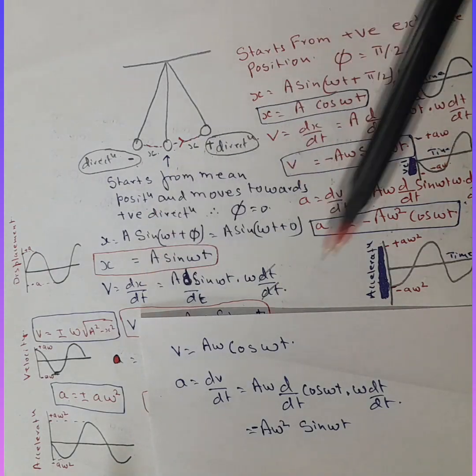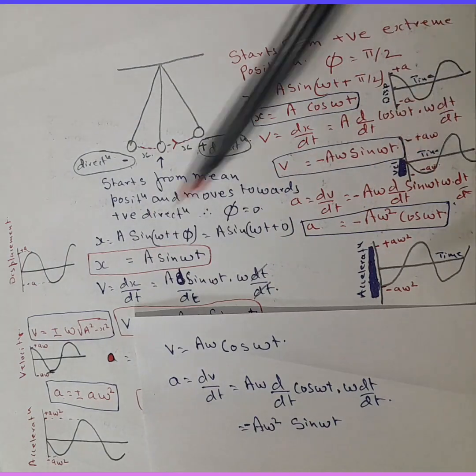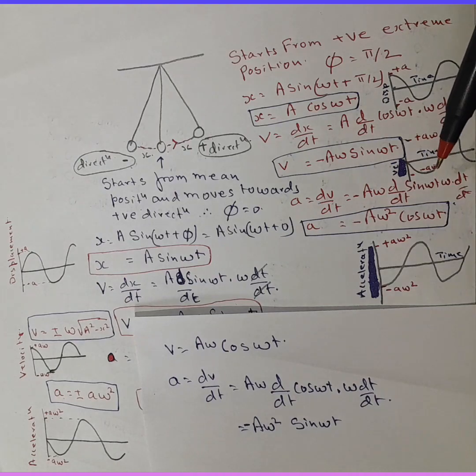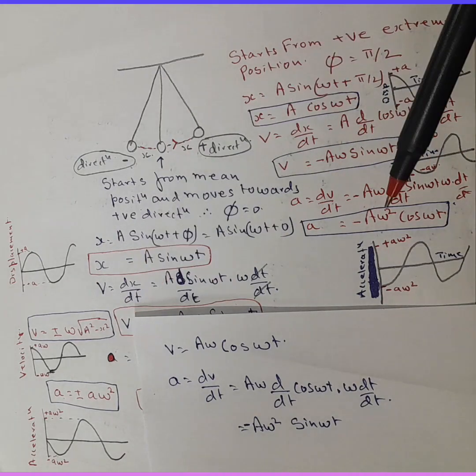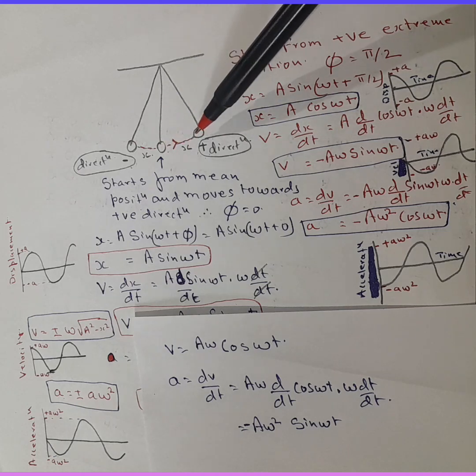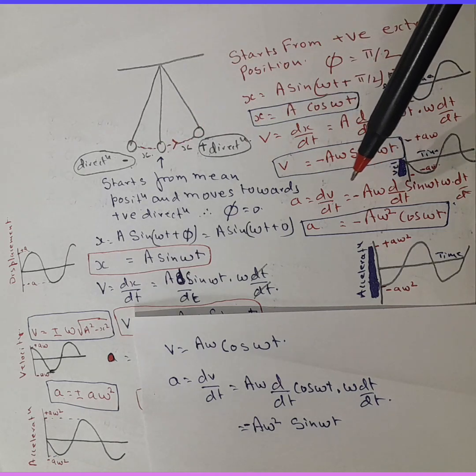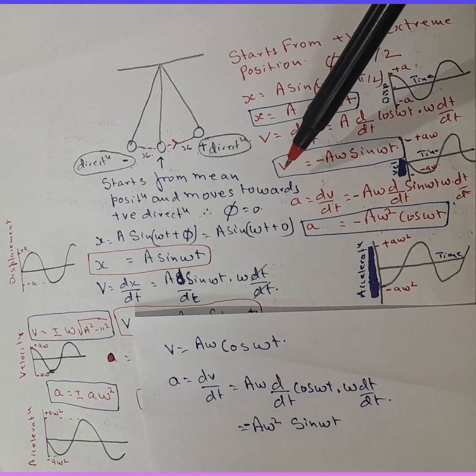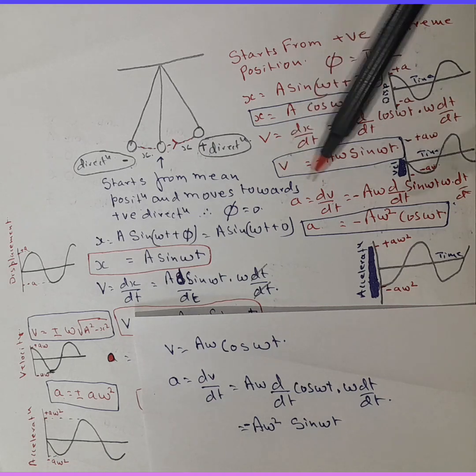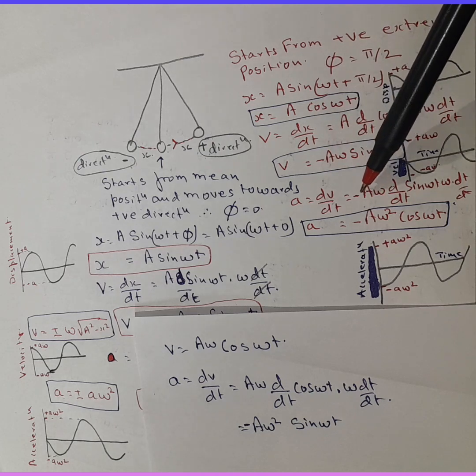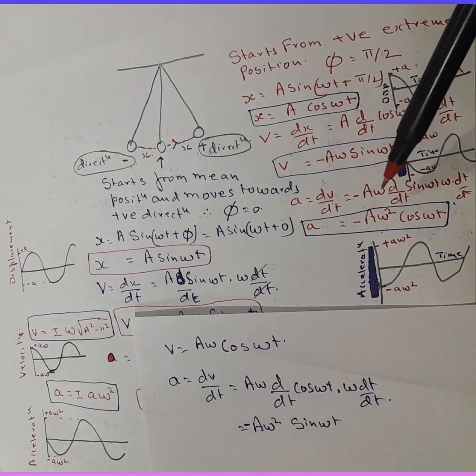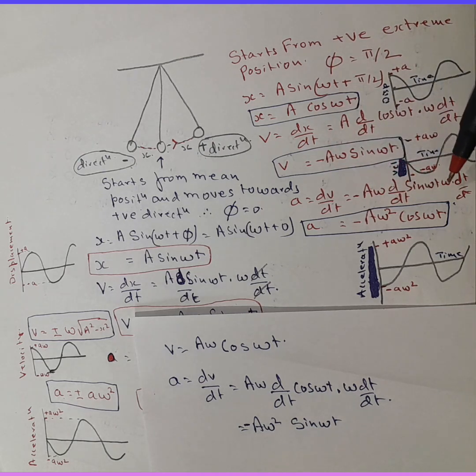I just made it simultaneously so that you can compare and understand the trigonometric as well as graphical difference between the two when started from mean position and when started from extreme position. Fine. Let's now get into acceleration. In case of acceleration, we differentiate velocity, dv by dt. So minus a omega was already there, so minus a omega d by dt of sine omega t, and chain rule omega, dt by dt gets cancelled.